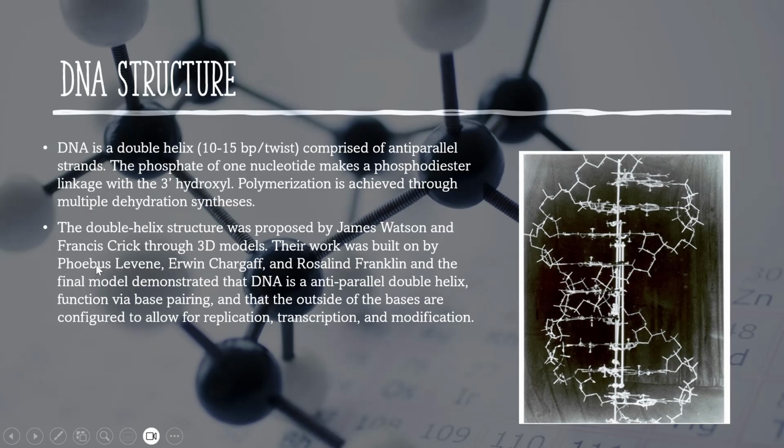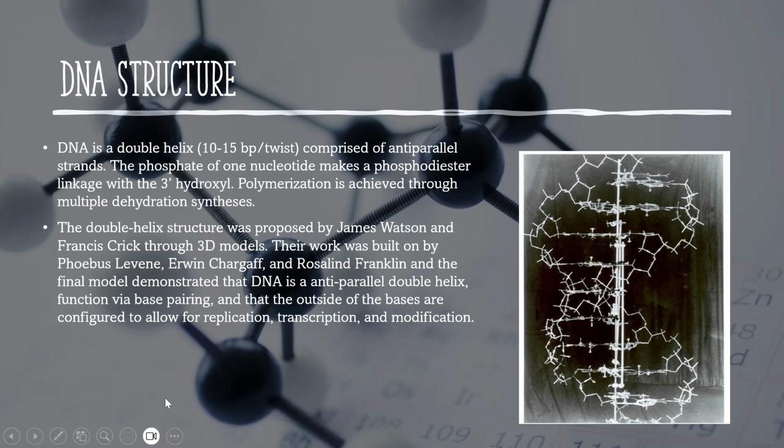I didn't really talk about Phoebus Levene and Chargaff, but Chargaff is really important because Chargaff was the scientist that elucidated the fact that he was basically the person that discovered base pairing. So when he was doing his work, he discovered that there's an equal amount of A to T in an organism, or an equal amount of G to C in an organism.